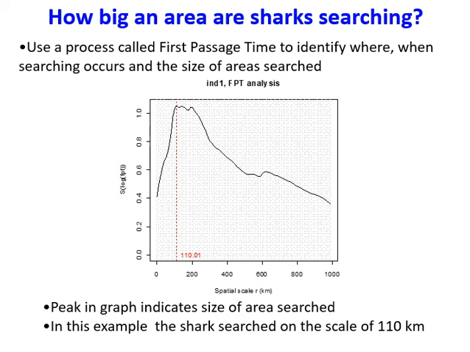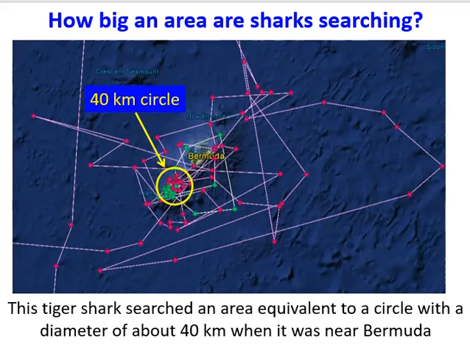So you can imagine if you had a turtle or something in a hoop, then if that turtle's just going around and around, it could take an hour for that turtle to leave that hoop. If that turtle's going very straight, it could be out of that hoop in a minute. So that's how you assess the size of the area that the searching is done.